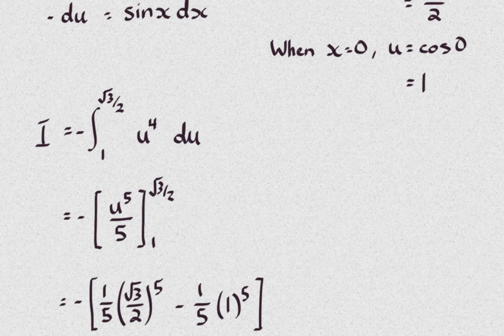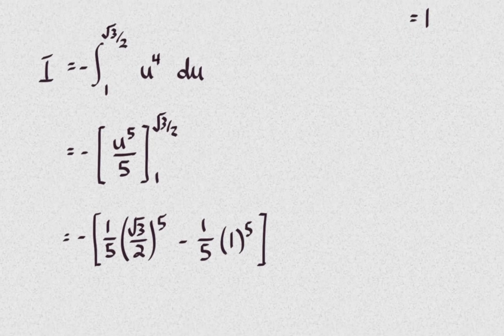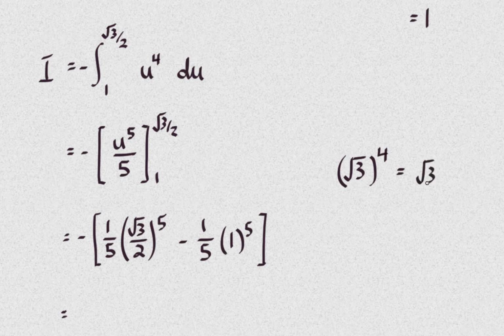Now let's think about this root 3 to the power of 5. Root 3 squared just gives us 3. So if we think about root 3 to the power of 4, root 3 to the power of 4 is root 3 squared squared.